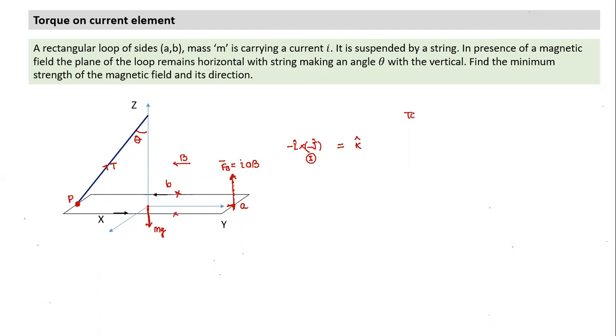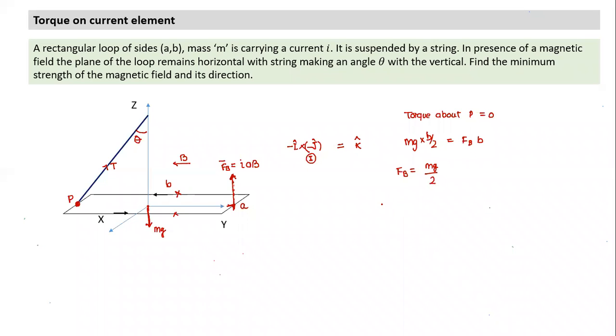So how do you solve? Torque about point P is 0. mg will have a torque equal to mg into b by 2, and I'm just equating the magnitude; directions are already opposite. It has to be equal to Fb into b. What does it mean? Fb has to be equal to mg by 2.